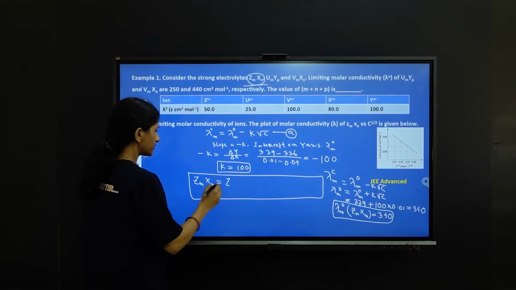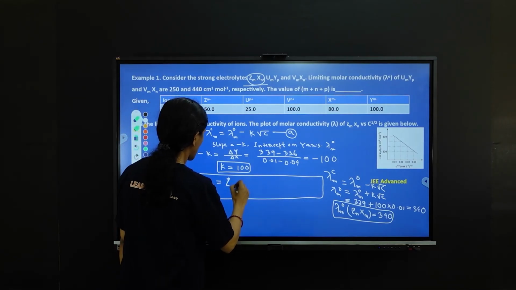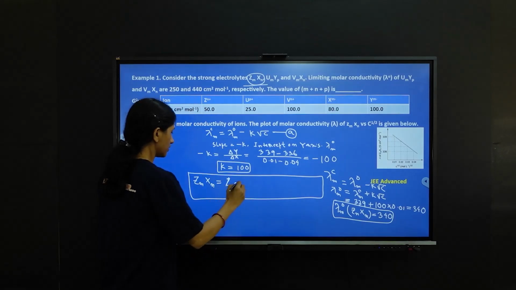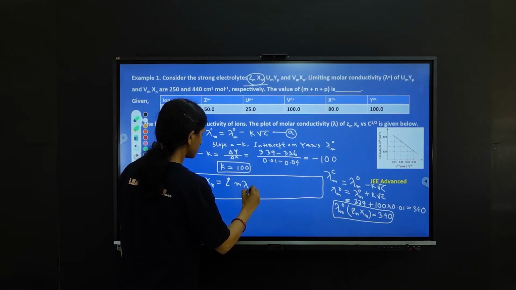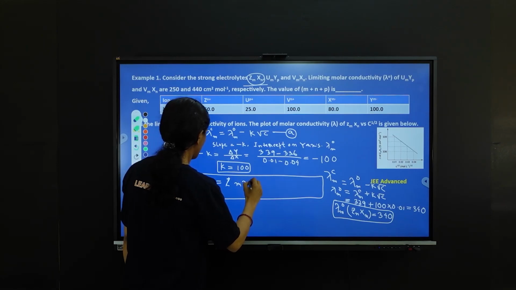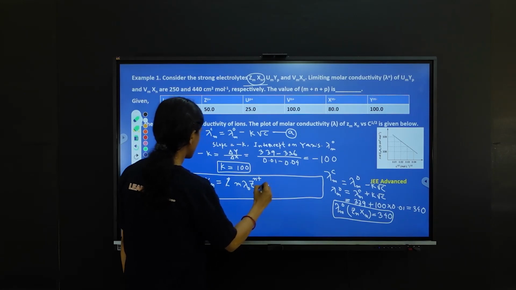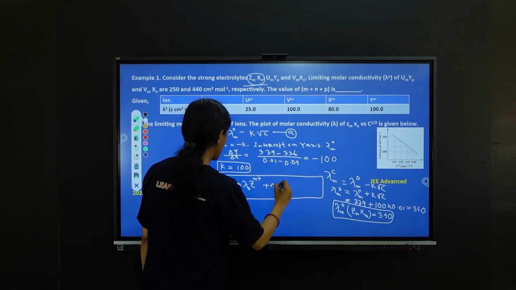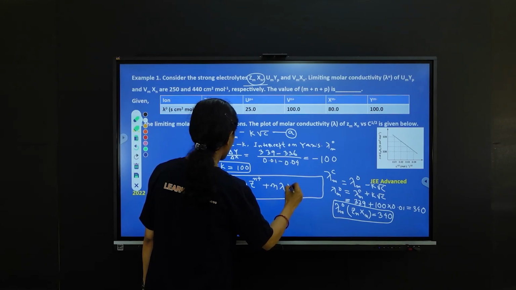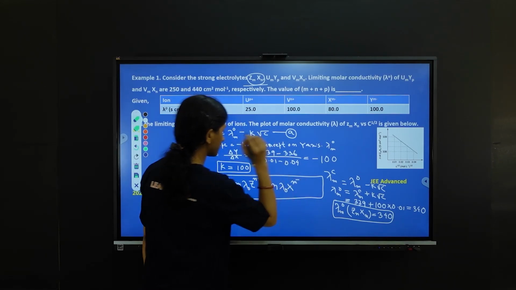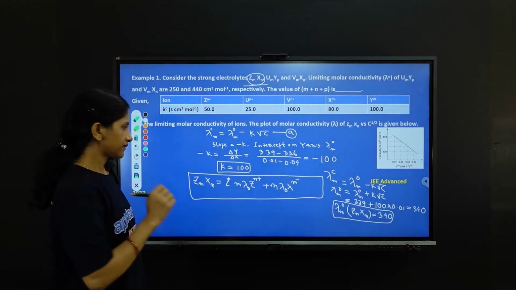It is nothing but M lambda 0 Z to the power n plus, n lambda 0 X to the power m minus. This can be written like this.